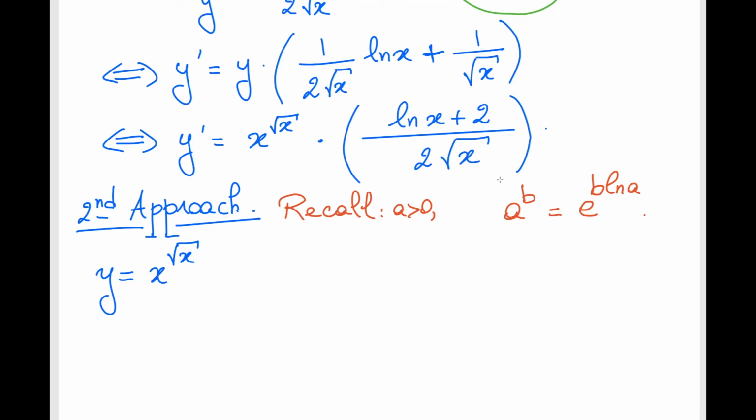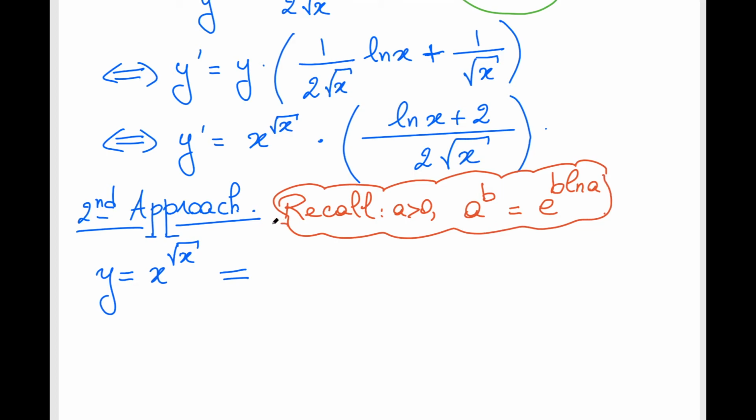All right, so then what do we have? I'm gonna take the base to be a, which is x, and we just discussed that guy is positive, and that exponent is the guy b. So what do we get based on this?